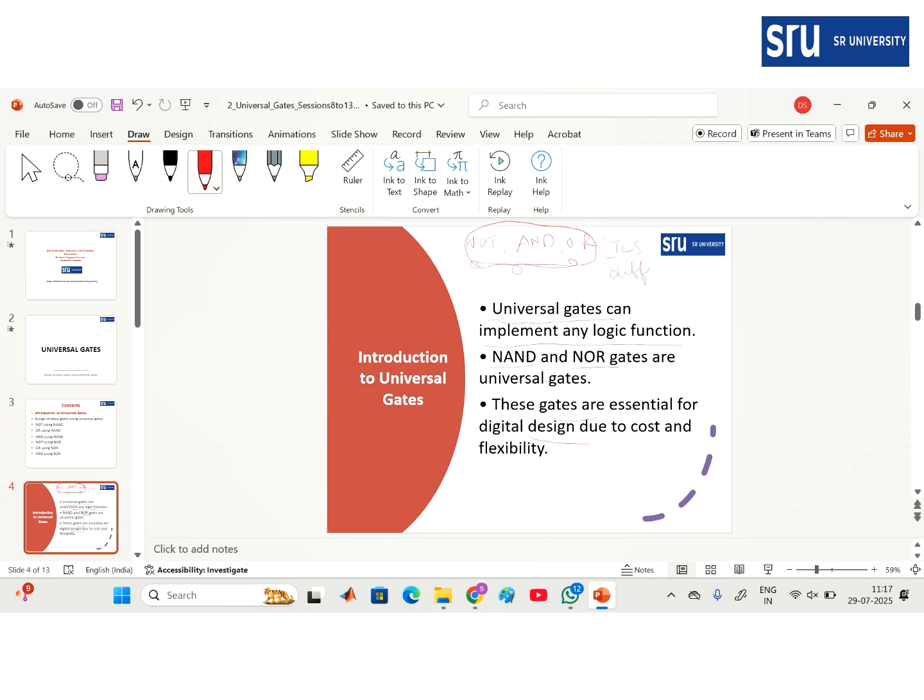The NOT gate IC contains hex 6 NOT gates. The AND gate IC contains only 4 AND gates, and the OR gate IC also has 4 OR gates.